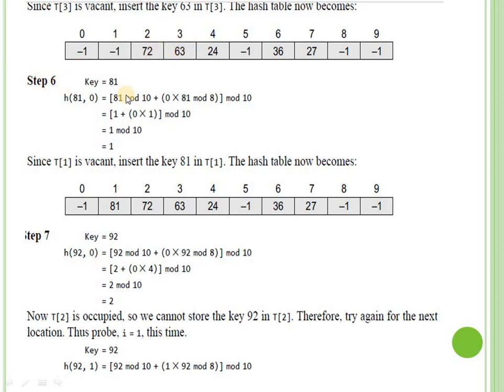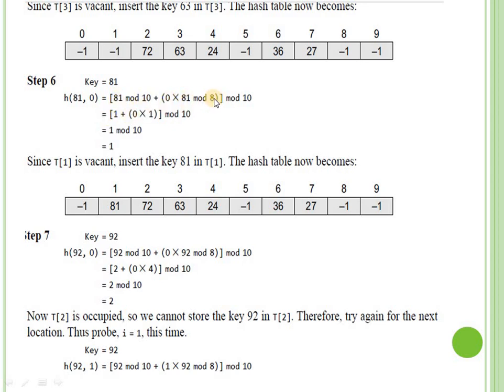Now step 6. Key is 81. So we have to calculate H of 81, 0, which is 81 mod 10 plus 0 into 81 mod 8, whole mod 10. Now 81 mod 10 is 1, the remainder.